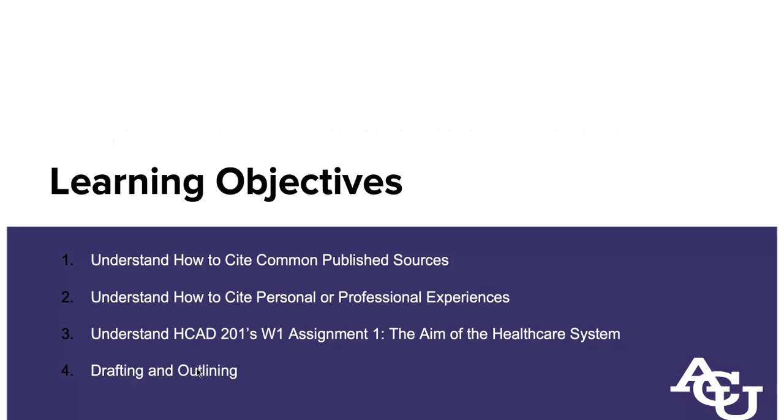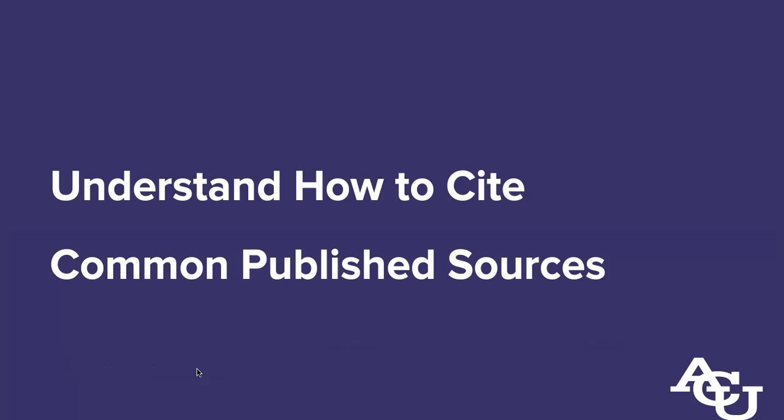And with that, we're going to dive into our topic here, where we're going to explore how to cite different types of sources. We're going to look at the assignment from HCAD 201, and then we'll talk about how to take those instructions and move that into a draft where you are building out an outline.